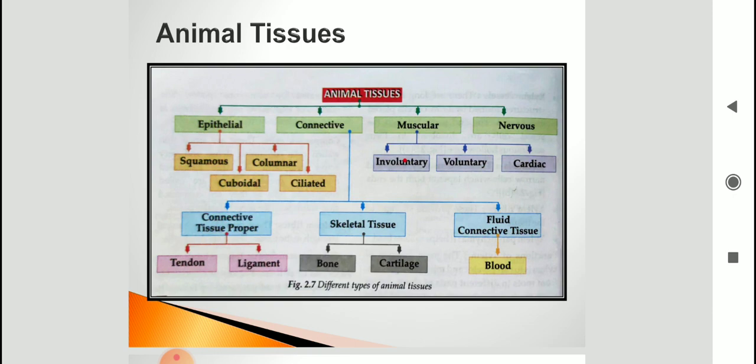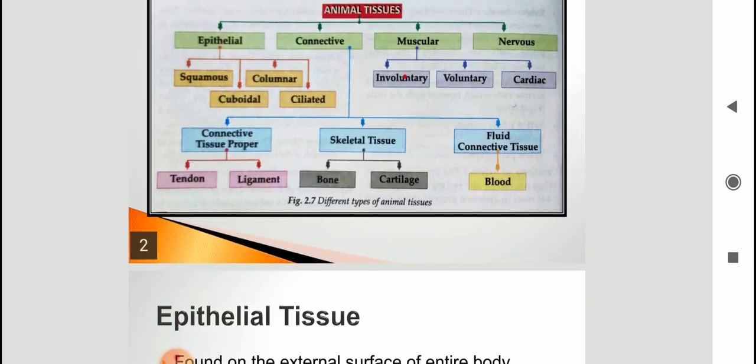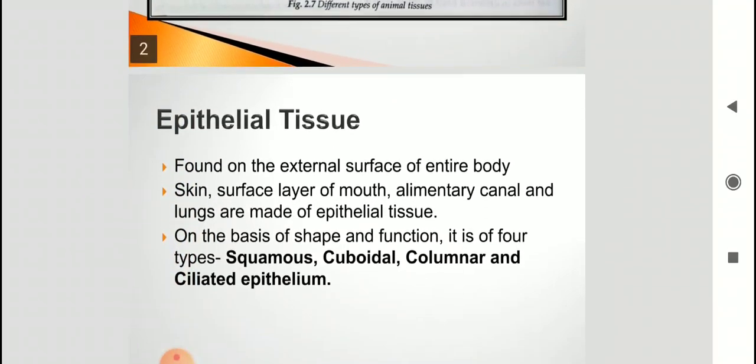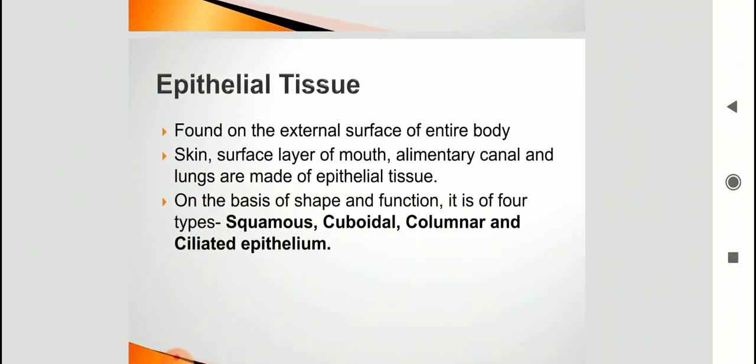So epithelial tissue means that tissue which makes the external layers of the animal body and its organs. Alright, so epithelial tissue will form the external layer of all the organs and our body externally as well.